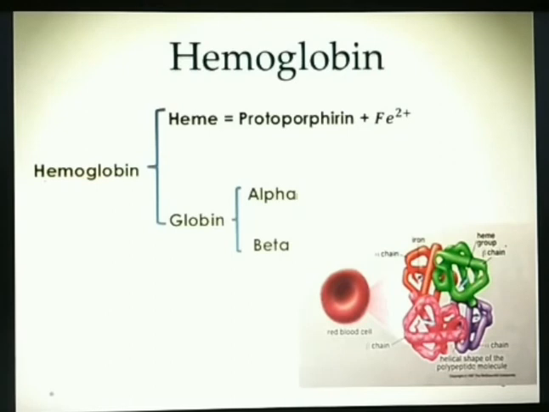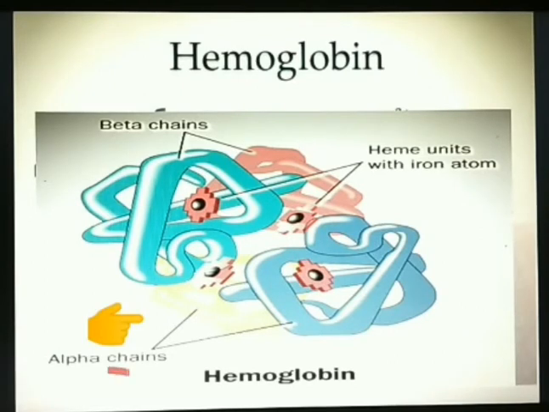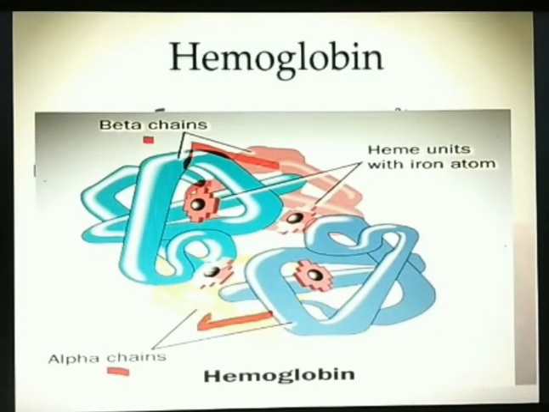Globins are of two kinds, alpha globins and beta globins. This is the structure of a hemoglobin wherein there are two alpha chains and two beta chains. That means two alpha globin chains, and two beta globin chains that protect the heme units with iron atoms.